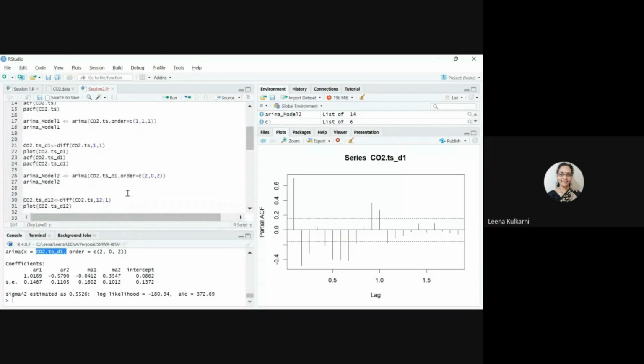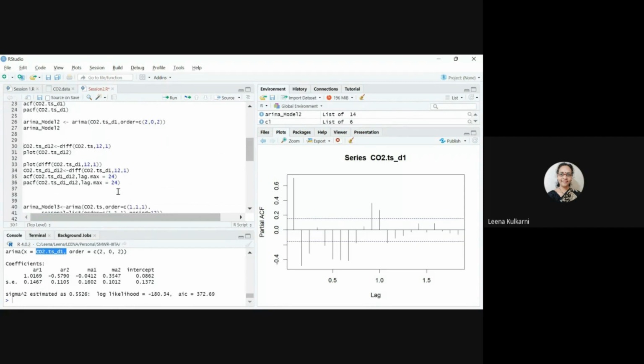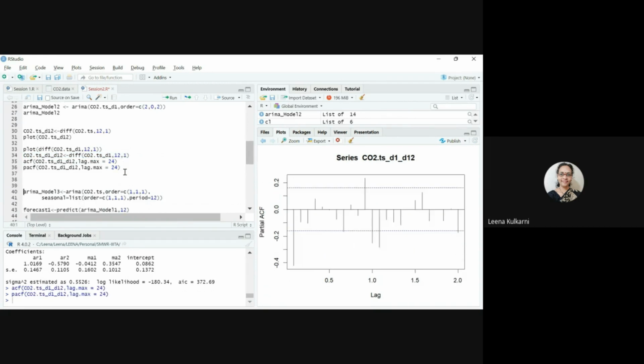Now let us have a look at, as we had observed previously, whether the seasonality has been removed from the data or not. We looked at the first order seasonal and first order non-seasonal difference series, and let us have a look at the ACF and PACF of these.